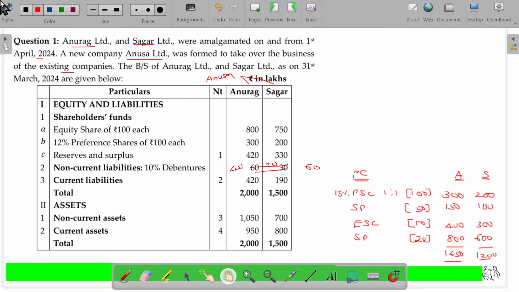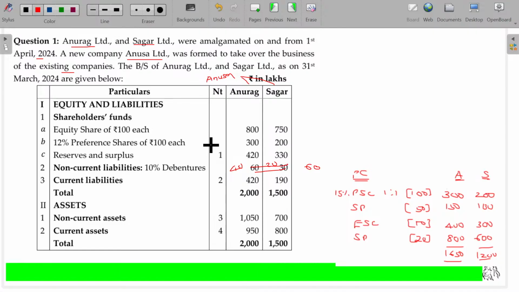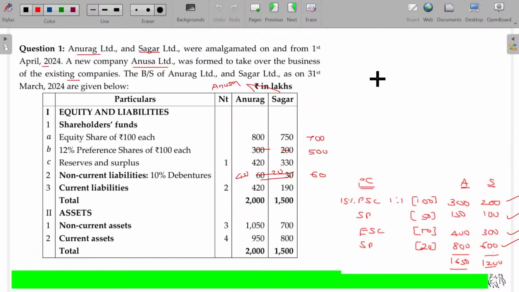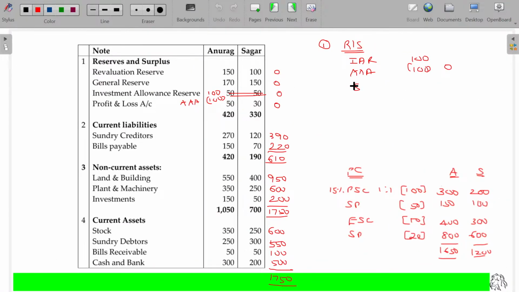What do I do here? Preference share capital being 500 and equity share capital being 700. Securities premium being 1400 plus 250, that is 1650. So that will be a part of reserves and surplus.